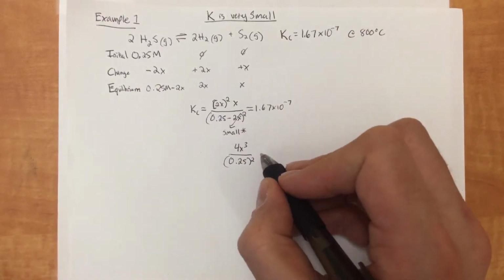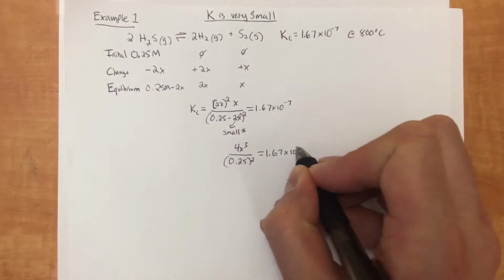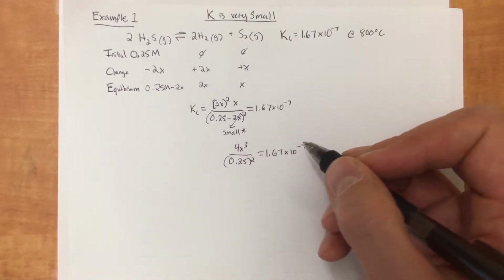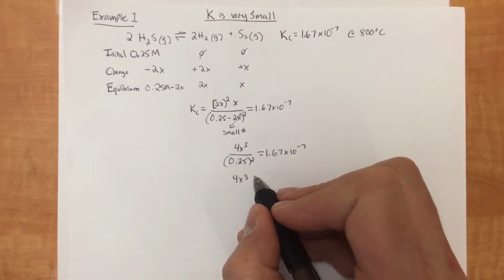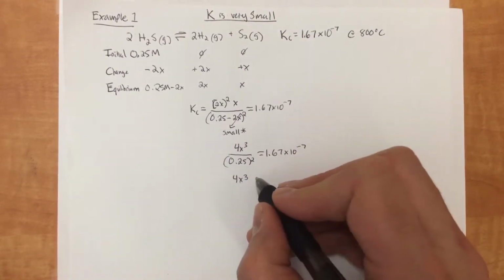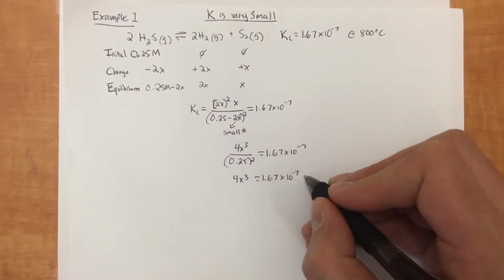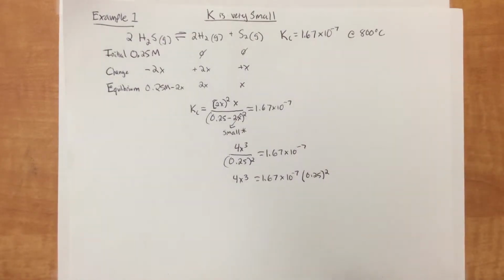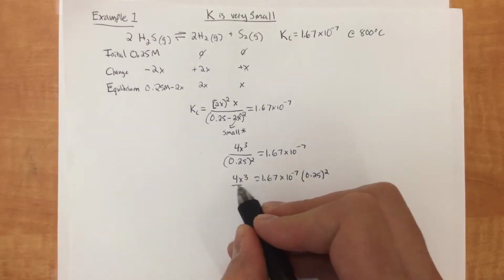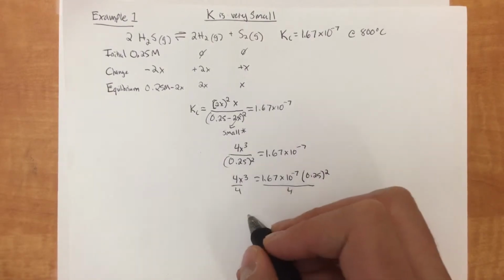Again, we've ignored that minus 2x. And this is all equal to our equilibrium constant. When we multiply both sides by 0.25 squared, we can then divide by 4 on both sides of the equation. And finally, take the cube root.